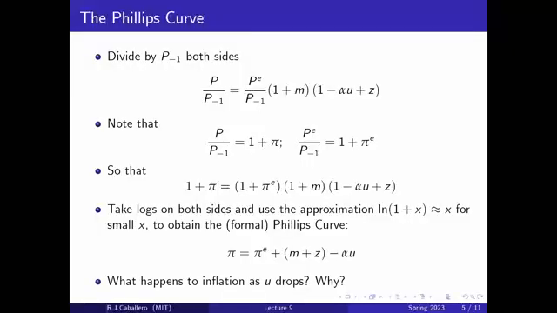So I'm going to use this approximation, which again is valid for x small. And so I can replace this 1 plus pi for pi, and this 1 plus pi e for pi e, this 1 plus m for m, plus, and this term here, if these numbers are not too large, minus alpha u plus z. I do all that, and I end up with this expression.